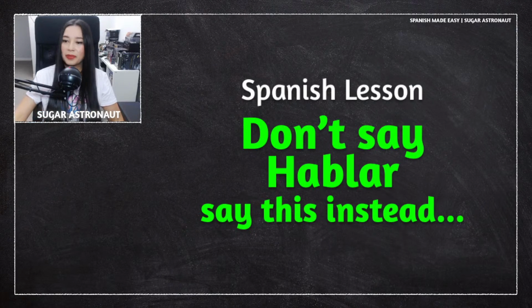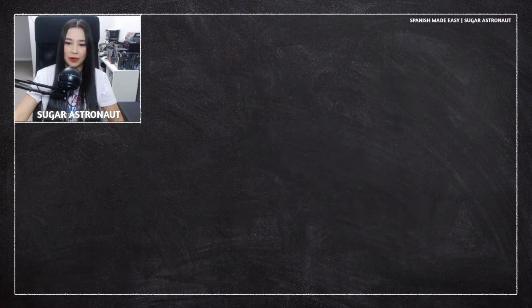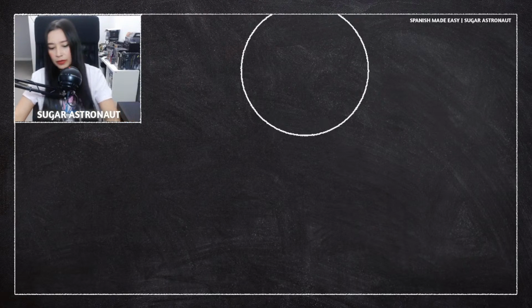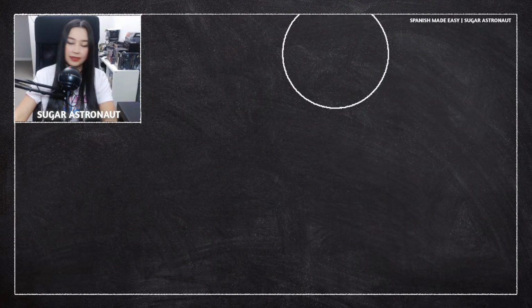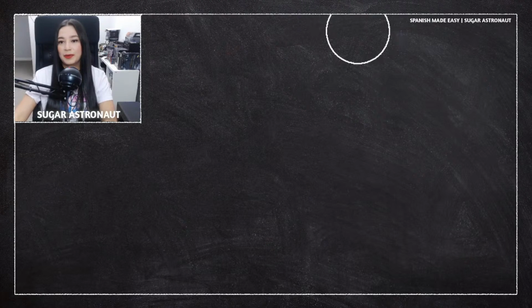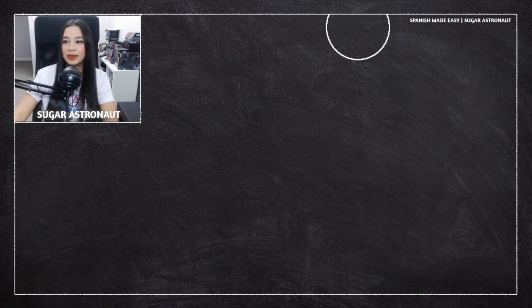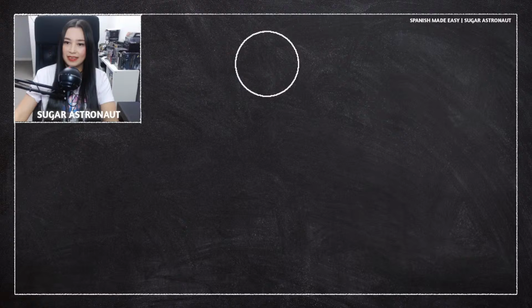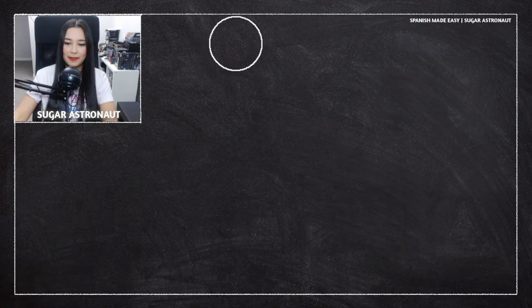You can say other verbs instead. Obviously, hablar is a must verb to use in Spanish, but there's more. Now, let's learn the first one. We're gonna learn only 5 verbs, and we're gonna see examples and whatnot. So yeah, it's gonna be good.